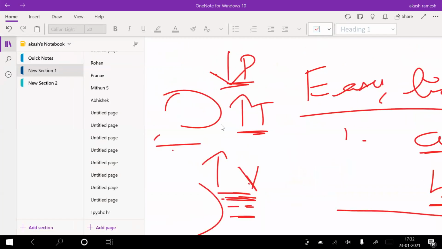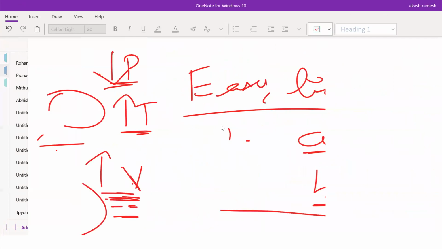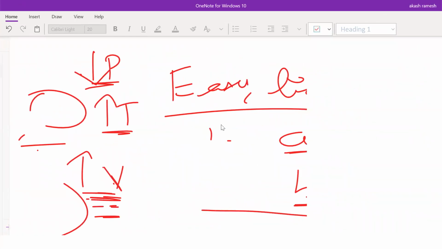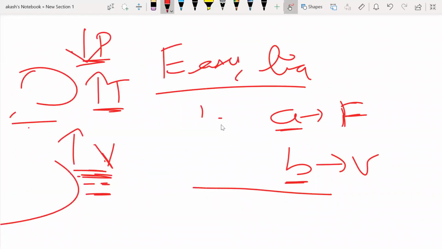A is for force correction and B is for volume correction. So obviously I should have higher force, so a larger value of A, right? And I should have lesser volume, so a smaller value of B. Okay, so thank you for pointing it out. That's the condition for easy liquefaction.